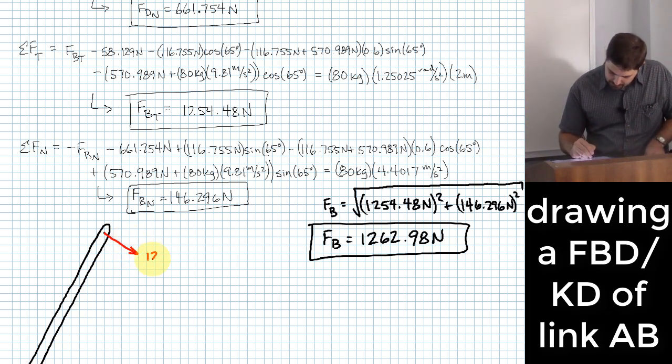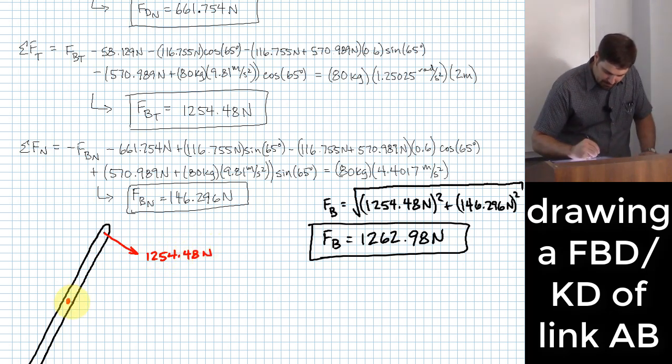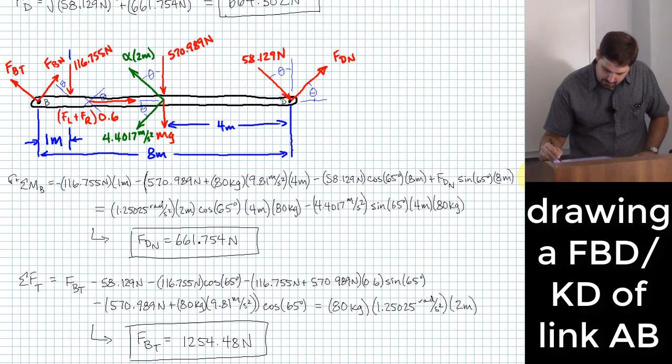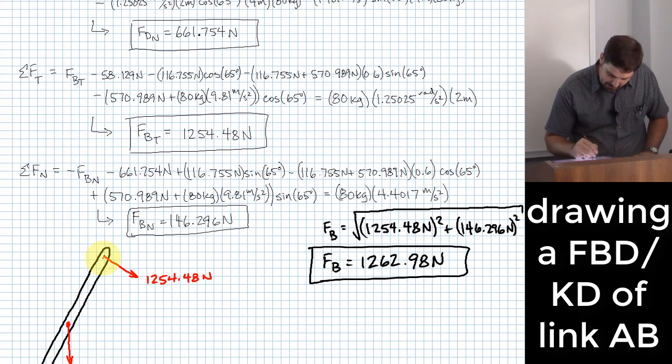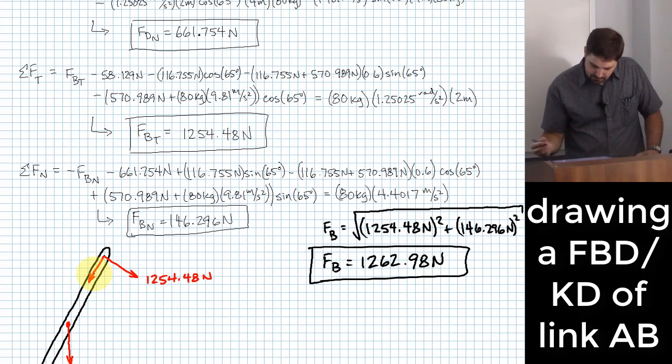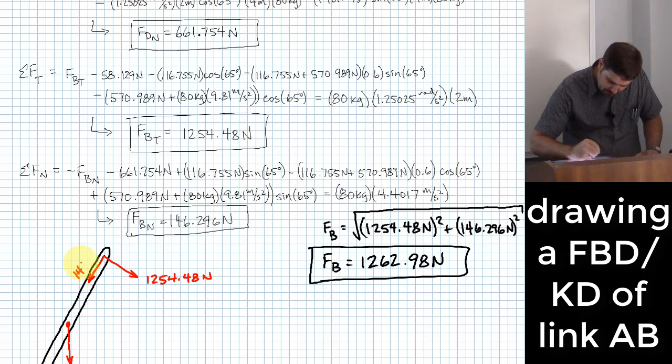So that would be 1254.48 newtons. I have the weight that acts in the middle. I have the FBN that acts this way. That's 146.296 newtons.